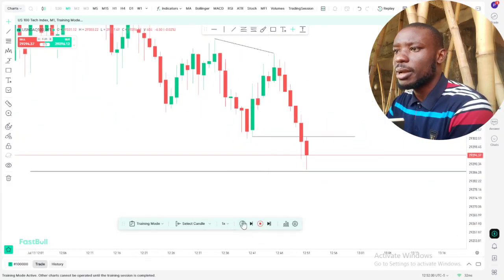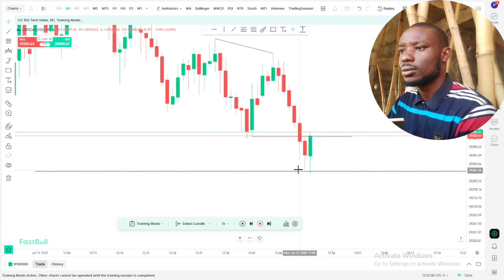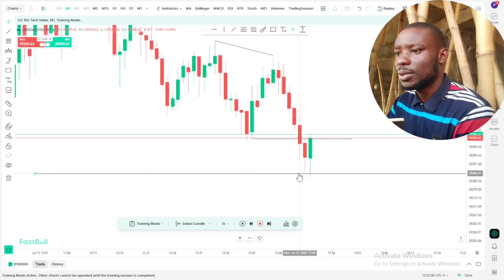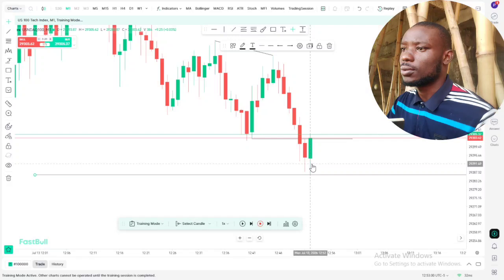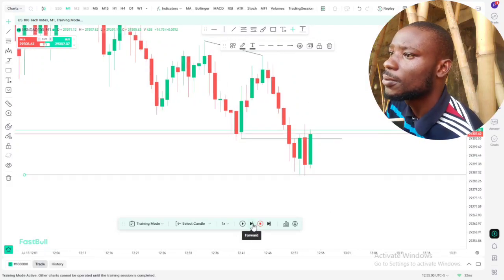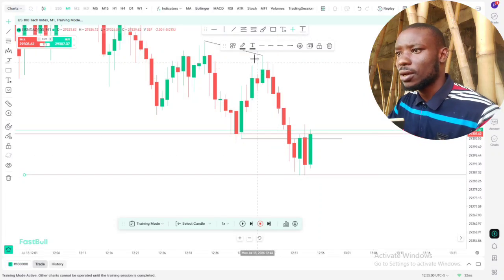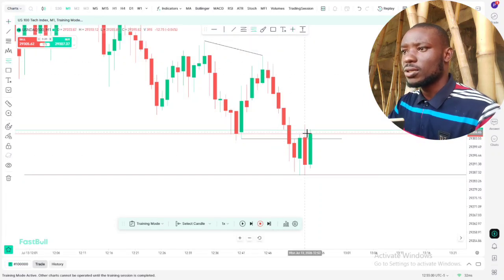This was the low, it was still a low, because this is 12:52, this is 12:53, this is 12:54. So around 12:54 was when I got into the trade. I think it was basically around here.